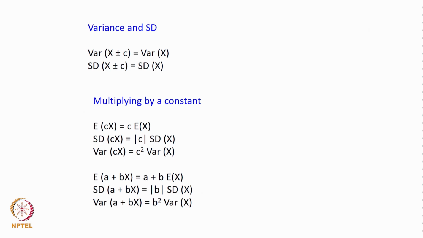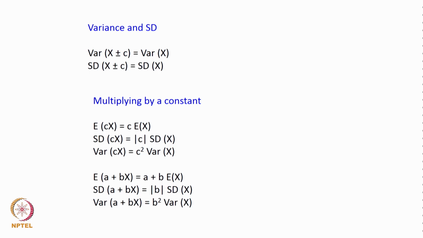Remember, the a, being a constant, will not have an effect on the variance and standard deviation. So, a goes, only b is important and b can be negative, so we take the positive value of b. So, absolute value of b into standard deviation of x, and variance of a plus bx will be b square into variance of x.